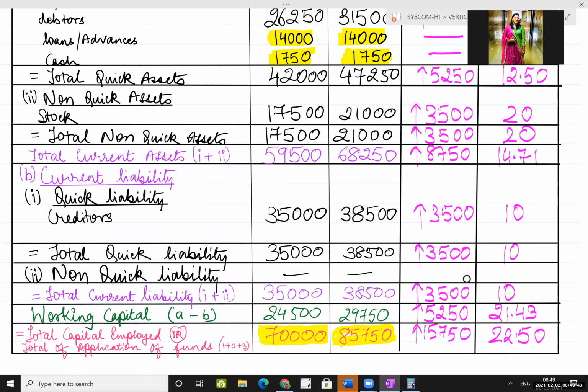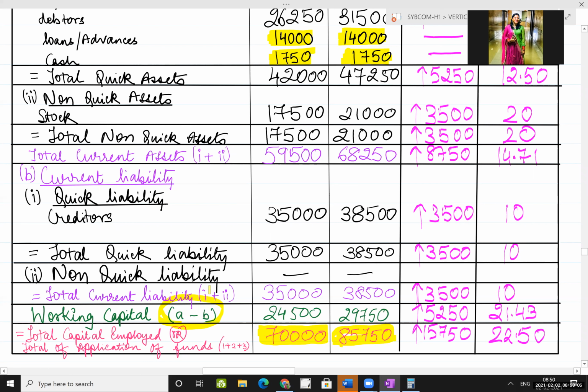Okay. Then working capital is what? Quick assets minus your quick liability, or total current assets minus total current liability. Okay. So I have written here working capital.